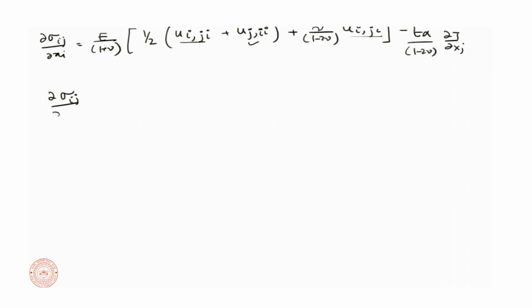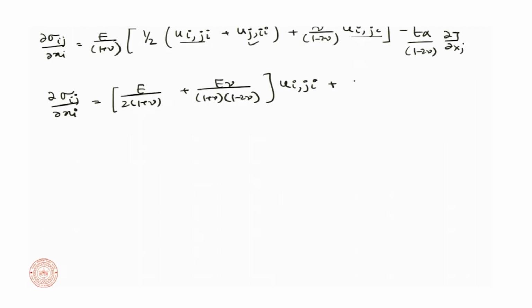Del sigma ij by del xi is equal to, we are now clubbing E over 1 plus nu, that is the first term, and then this term E nu over 1 plus nu, 1 minus 2 nu, we have u i comma ji plus E over 2 times 1 plus nu u j comma ii minus E alpha over 1 minus 2 nu del T by del xj.